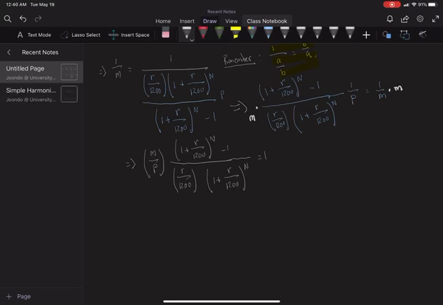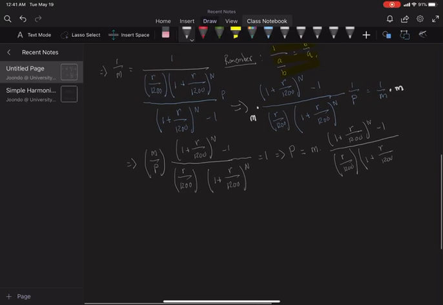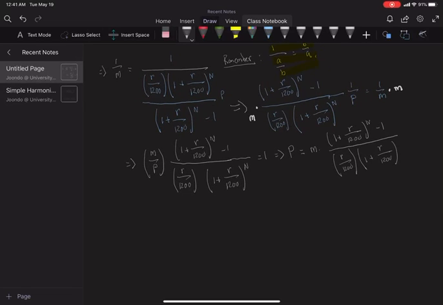And if you multiply by P both sides, P is equal to M times 1 plus R over 1,200 to the n minus 1, times R over 1,200 times 1 plus R over 1,200 to the n. So this will be the answer.